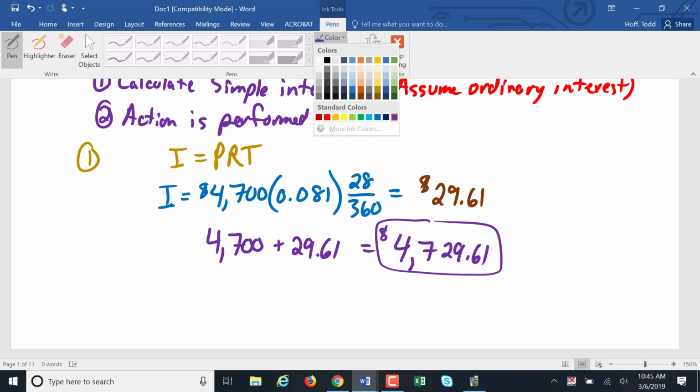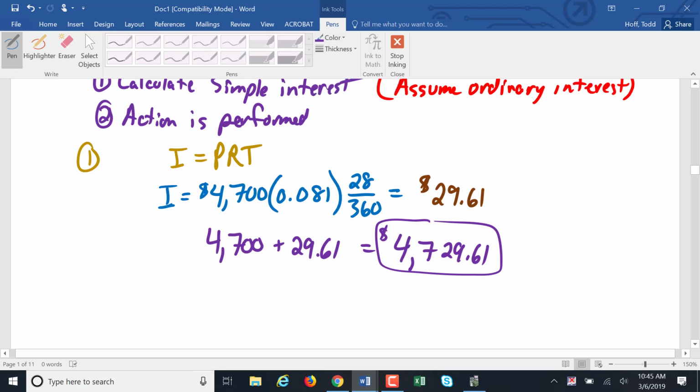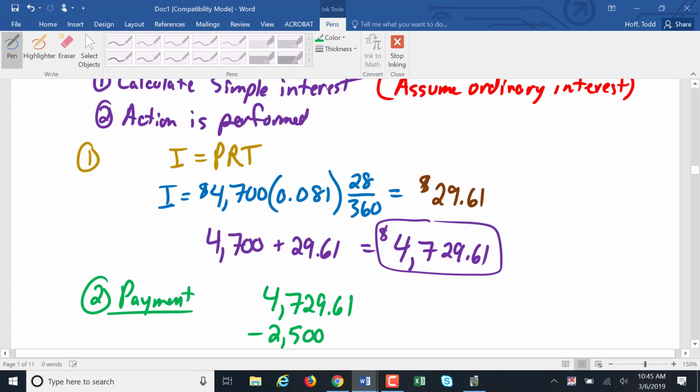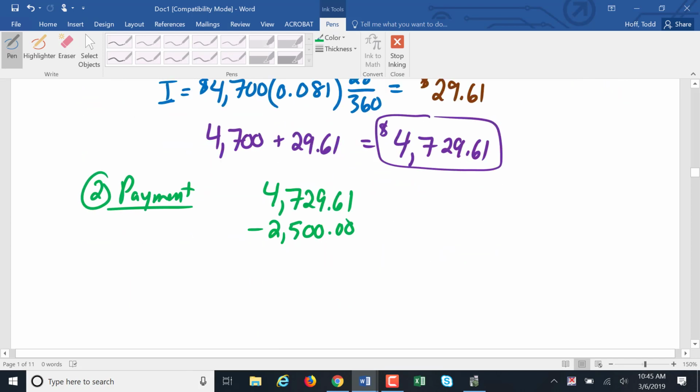So now we are going to make that $2,500 payment. So $4,729.61 minus that payment of $2,500, leaving us with $2,229.61 as the balance after the payment.